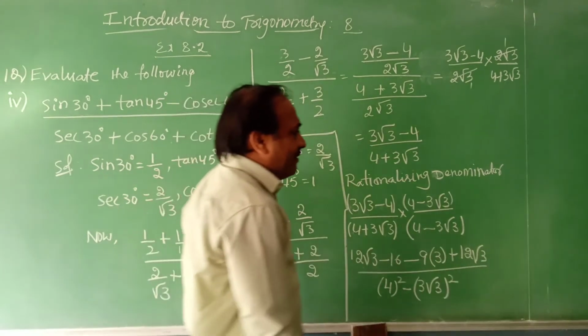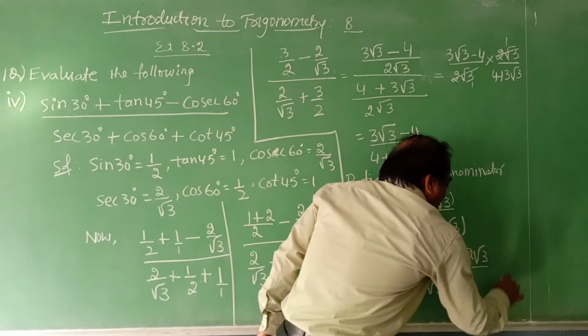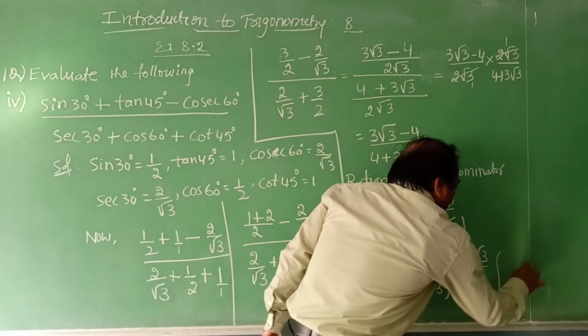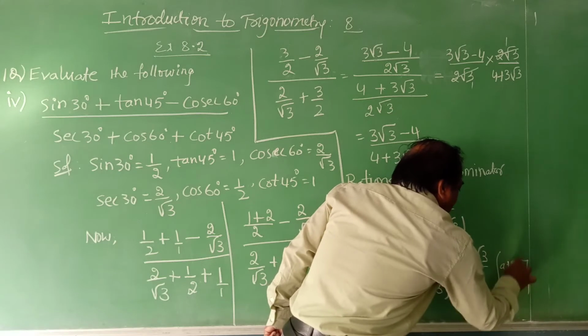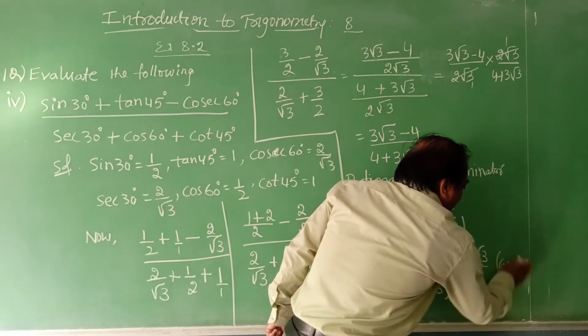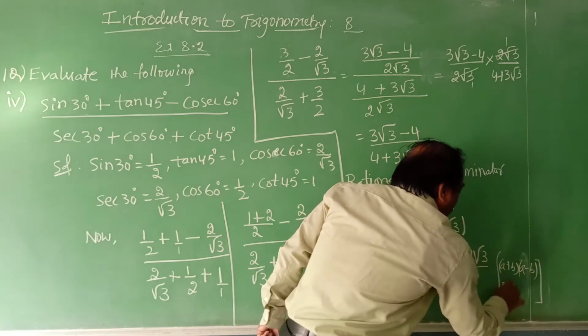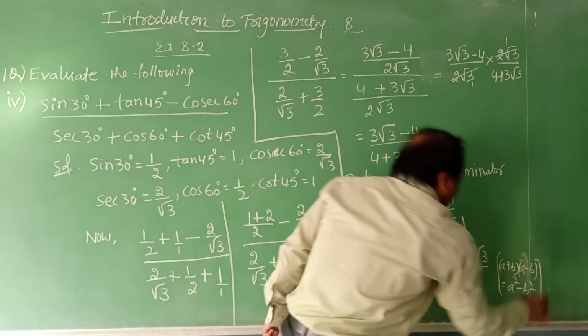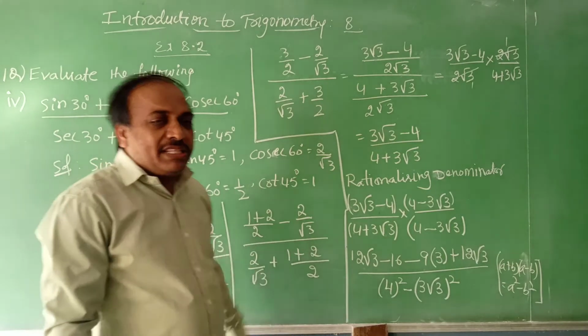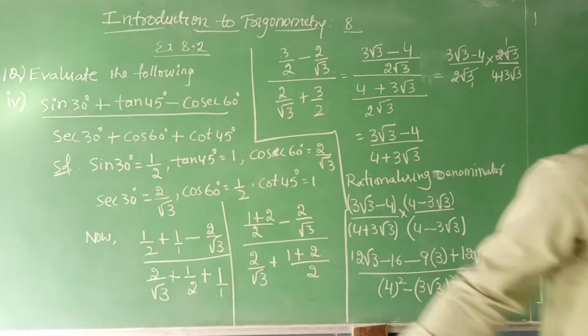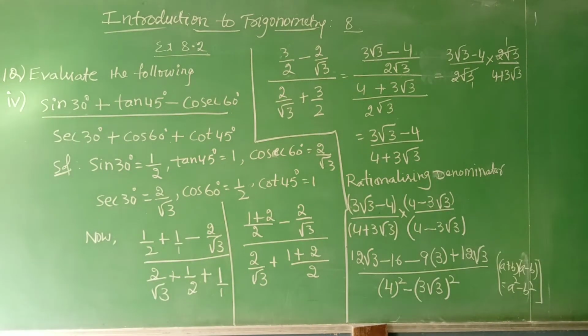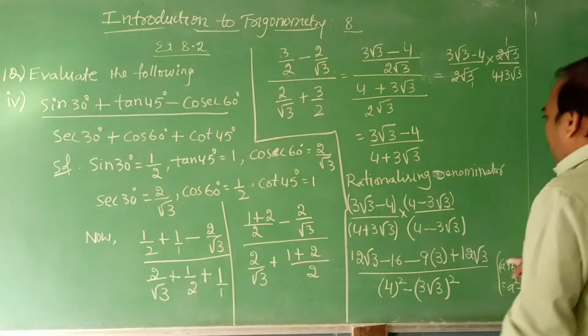What is the identity we are using here? The identity we used in the denominator part: a plus b into a minus b is equal to a square minus b square. That is the identity which we are using.